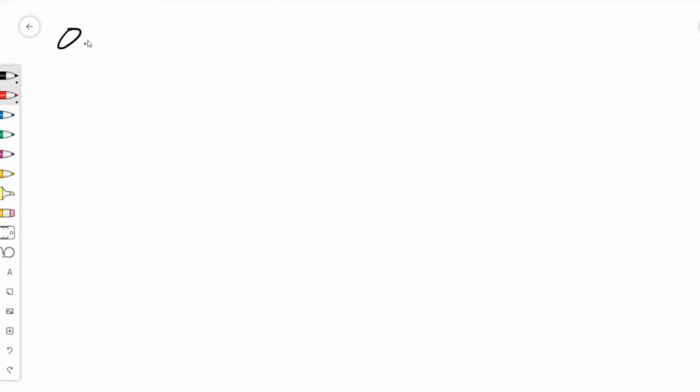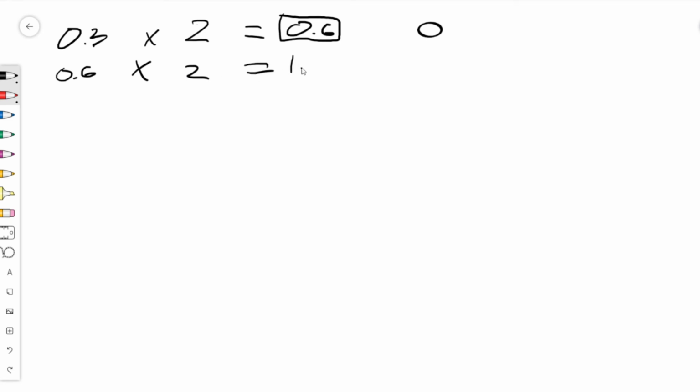Let's take a look at one more number with this property. Let's take a look at the number 0.3, and we'll see a very similar property with 0.3. Let's first multiply it by 2, and that gives us 0.6. We're going to take our 0, and immediately, if you're paying attention, you'll see a problem in the first step here. 0.6 times 2 is 1.2.